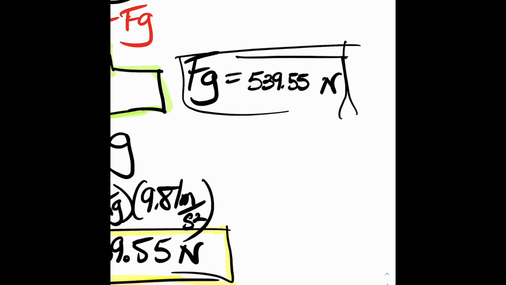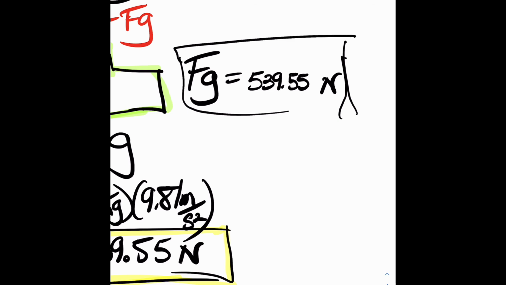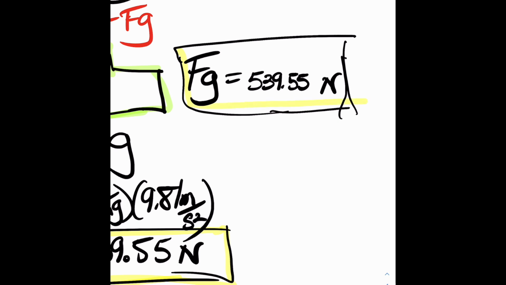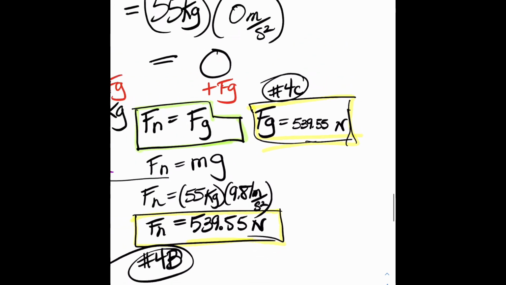Just trying to make this look a little bit better. I ended up erasing most of my problem. Put some yellow highlighter around it for our answer. And this is number 4C. That's what we said. Yeah, okay.